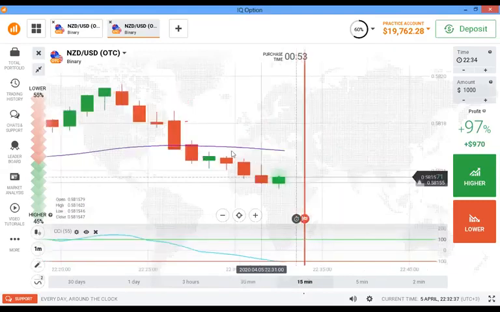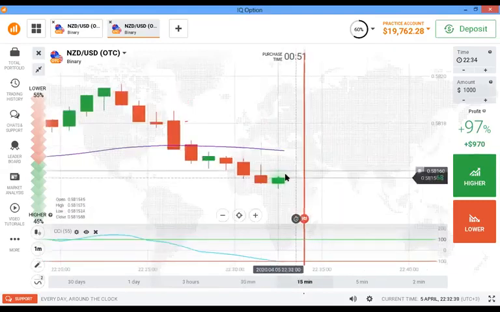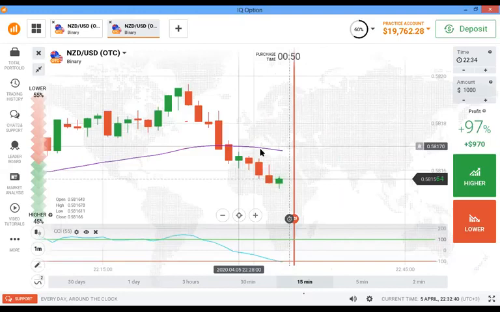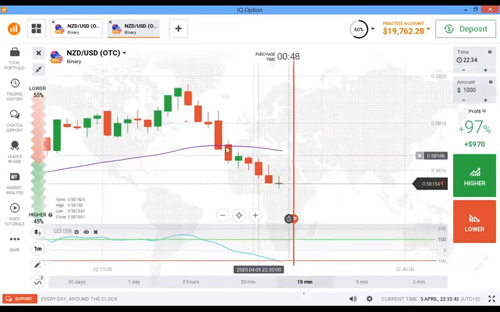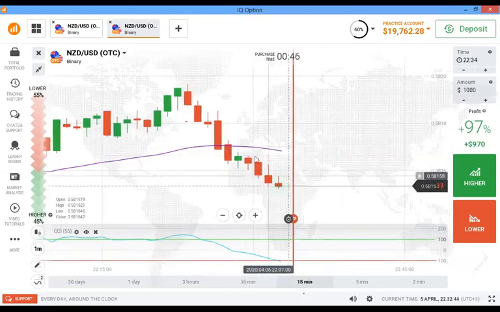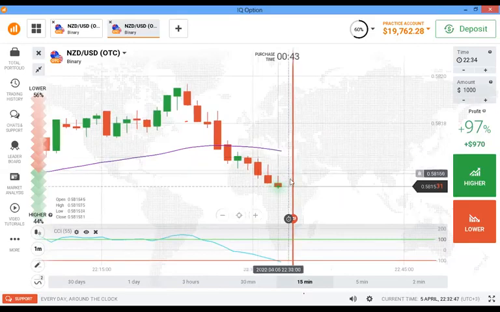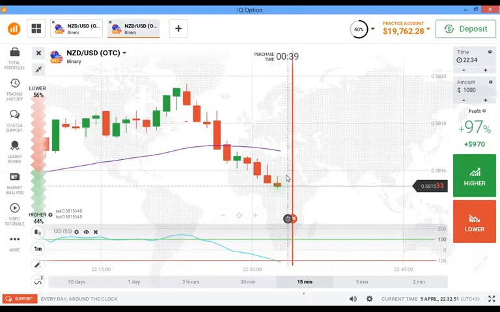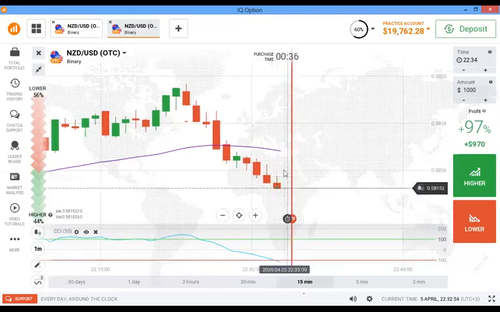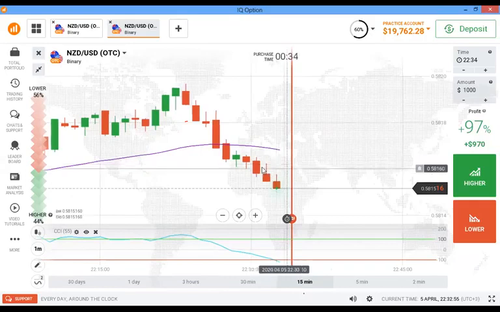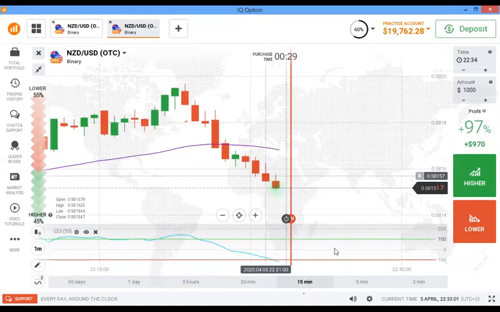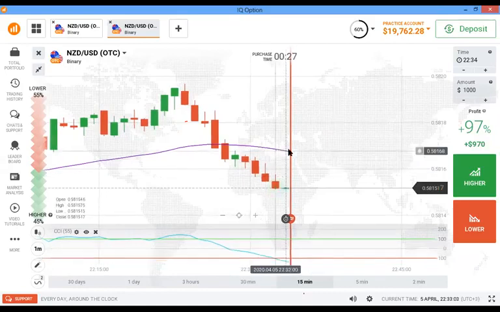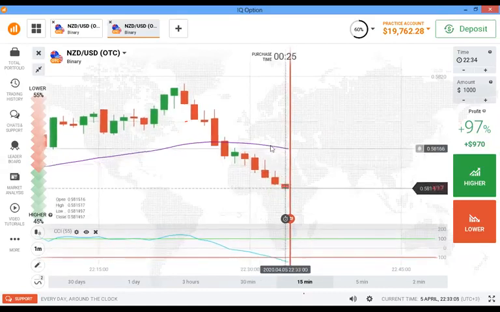Once it's below this moving average, I should know that the market is trying to form a bearish trend, a bearish downtrend. You can see it's below. So any trade I will take from now will be lower option. If I see any opportunity, maybe a fake retracement, maybe the candle tries to form a bullish candle like this one, because it's lower, I'll take put option.